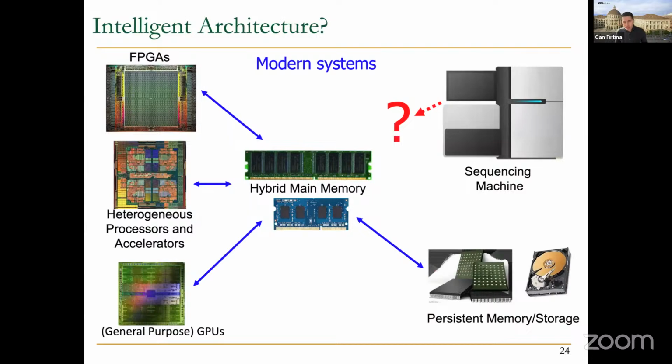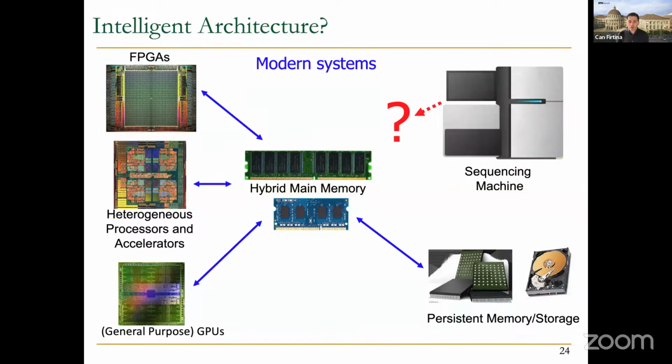And to make it faster, to make it efficient, to make it even maybe more accurate, we look at intelligent architectures. For example, in modern systems we have a heterogeneous environment of computing systems today. We have FPGAs, we have GPUs. We can even use processing in memory technologies today to compute data.